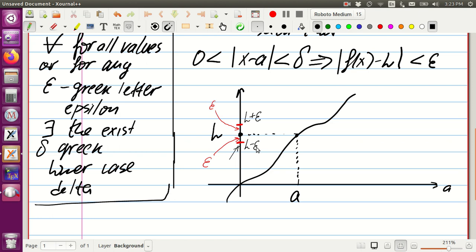So you created a little interval around L that you want to be inside of.